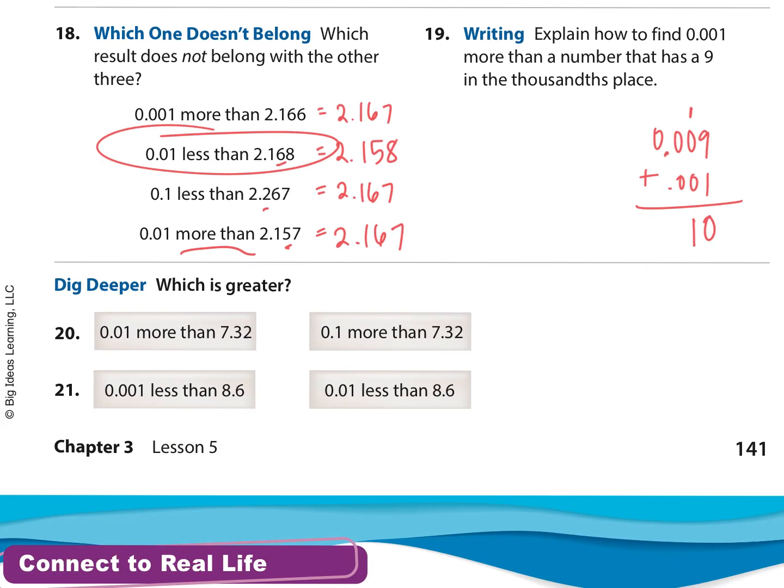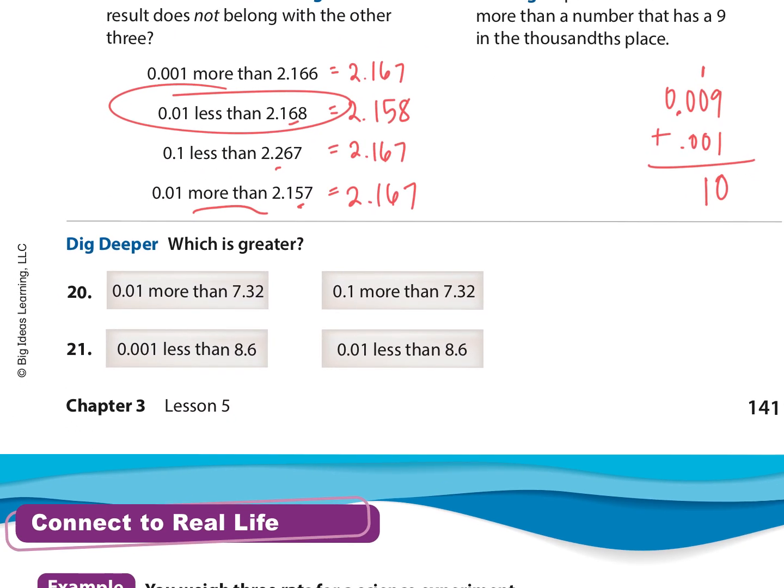All right, moving down, which is greater? Number 20, you have 1/100th more than 7 and 32 hundredths, or 1/10 more than 7 and 32 hundredths. Which one is greater? Circle the one you think. And then 21, which of those two options would be greater? Circle the one that you think.